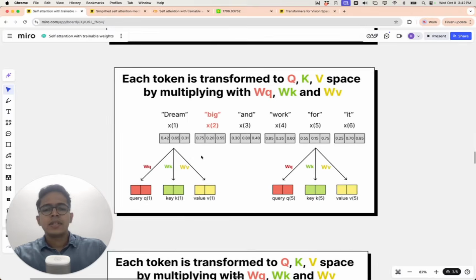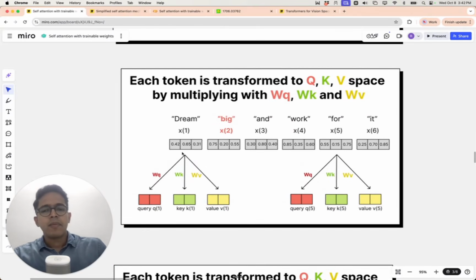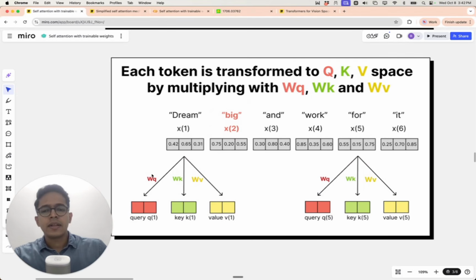But for this conversion, what did we do? Simply, we multiplied the input sequence with WQ, WK, WV. That resulted in the query vector, key vector, and value vector for dream, and the same for big, and, work, for, it. This is a different sequence; the sequence we are currently discussing is "the dog chased the ball". But for any sequence, this is essentially how it works.